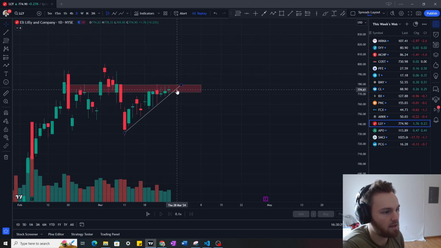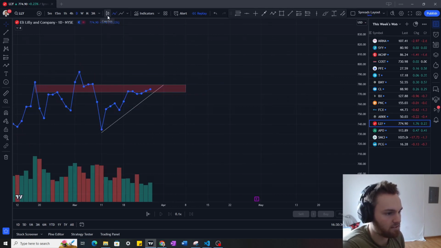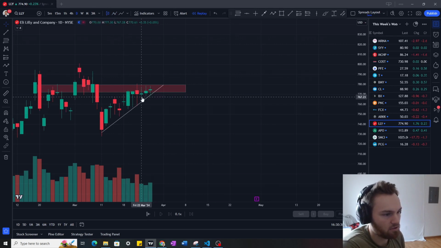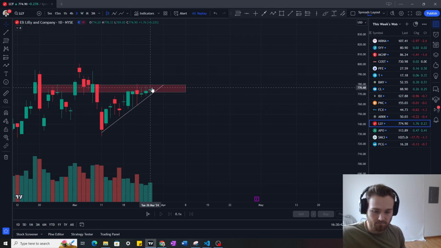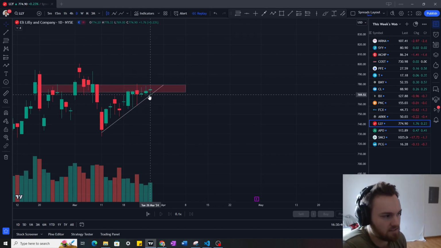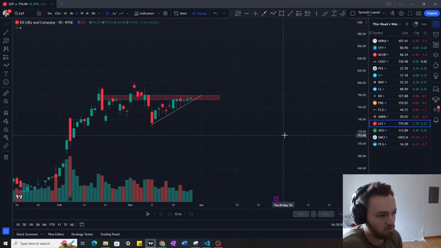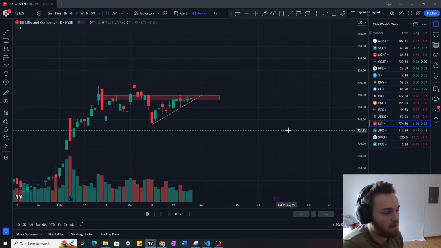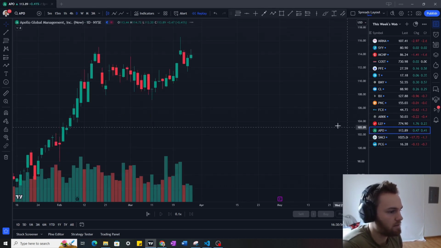We've been bouncing around this 770, 780 level for quite some time, and this thing looks nice. We're grinding up on low volume, and then today we had the highest volume yet, so I think this is very likely going to reject here tomorrow. A close below 770 would confirm the bearish structure, and this thing is going to 740 if it closes below 770. So this is looking like a short, looking for 770 below.